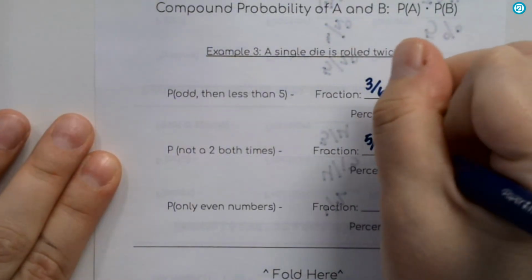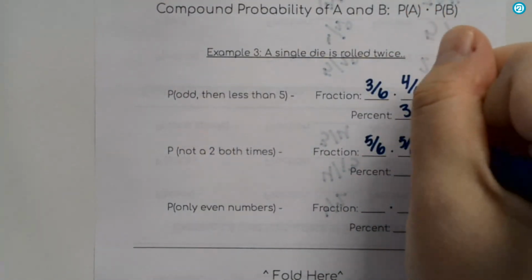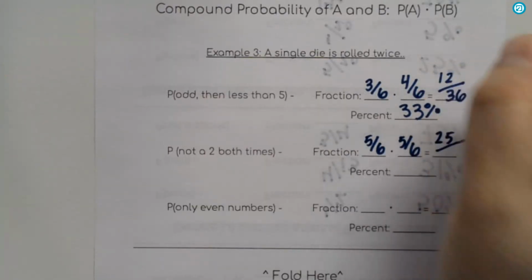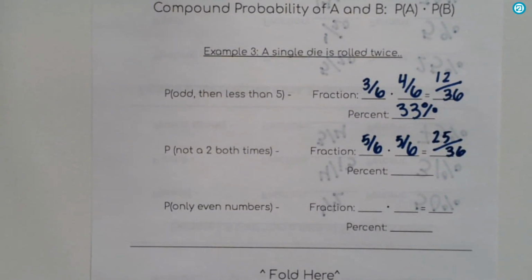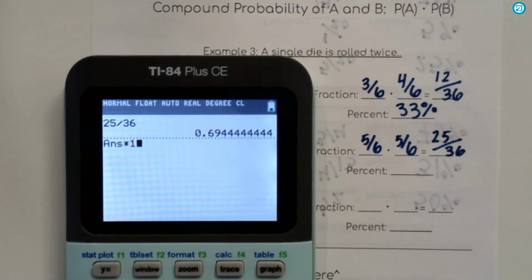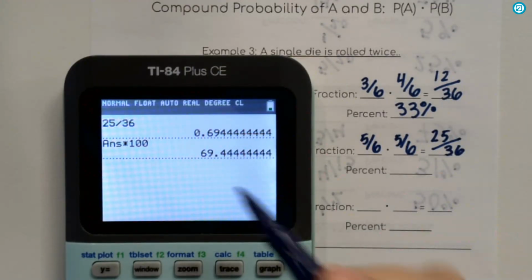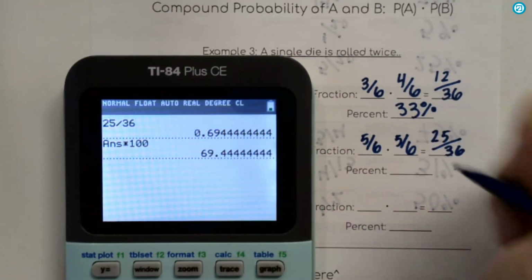It's going to be a 5 out of 6 again. 5 out of 6 times 5 out of 6. 5 times 5 is 25. 6 times 6 is 36. So we have a 25 out of 36 chance of this happening. Multiply that by 100. 69.4. 4 is less than 5, so we don't round up. We stay the same. It's going to be 69%.